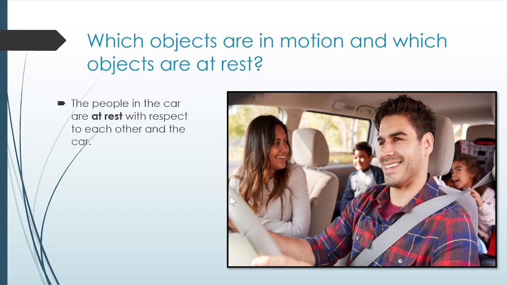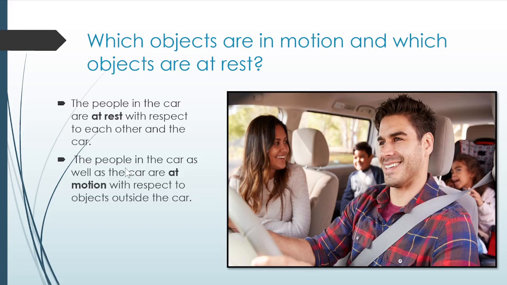Motion and rest are very relative terms, meaning that it is always with respect to the surroundings or to some other object that we describe motion or rest. The people in the car are at rest with respect to each other and the car, whereas the people in the car as well as the car are in motion with respect to the objects outside the car.